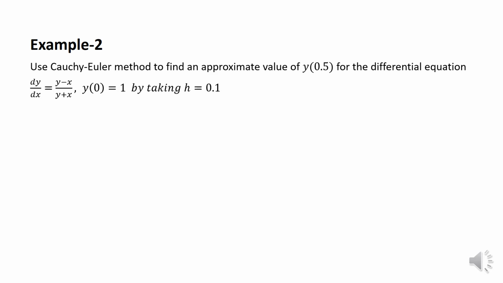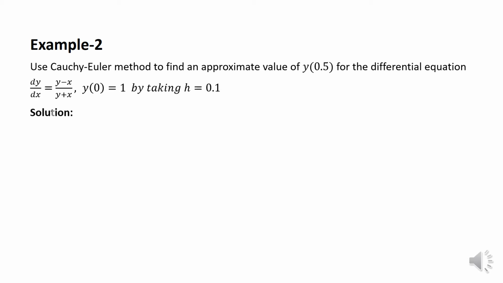The next problem is use Cauchy-Euler method to find an approximate value of y of 0.5 for the differential equation dy by dx is equal to y minus x divided by y plus x with y of 0 equal to 0 by taking h equal to 0.1.